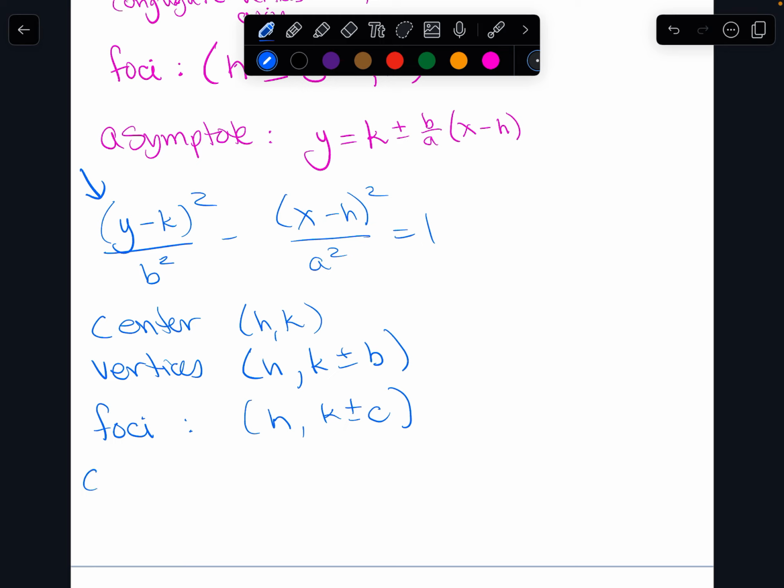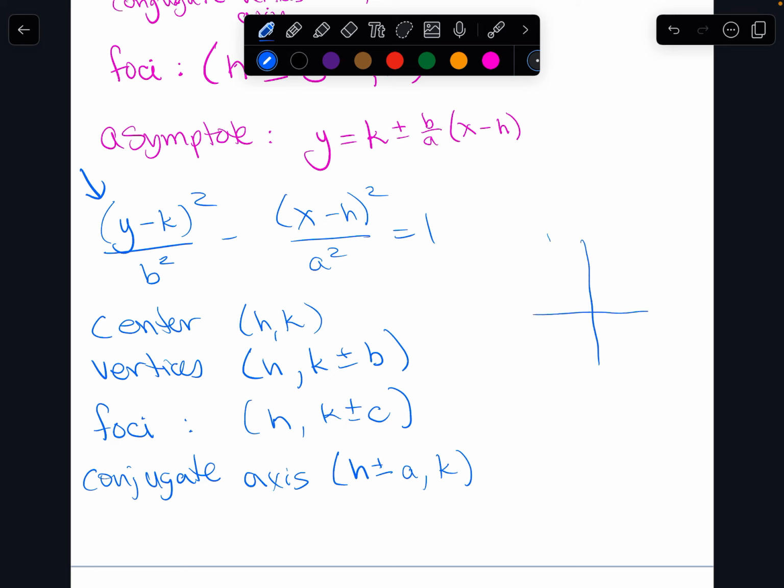Okay, if you want to do the conjugate axes, that means, and this is the thing that you don't really do much of on at least the papers that I've seen that you guys have done so far, plus or minus a, comma, k. Oh, and I should have shown this.